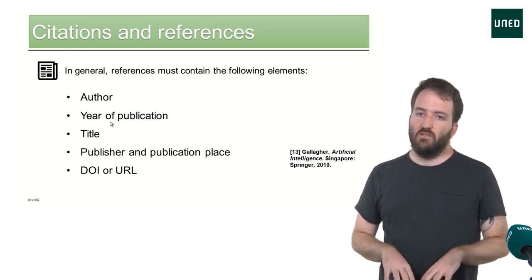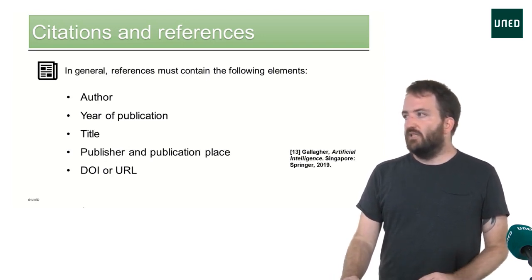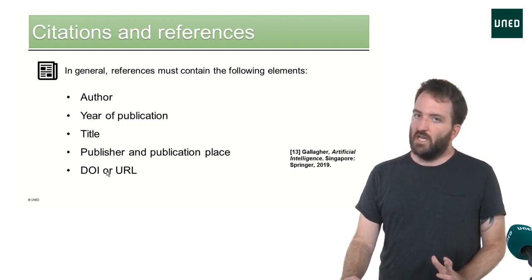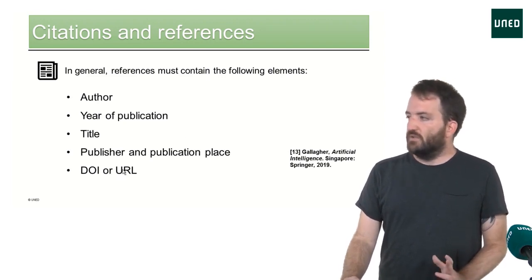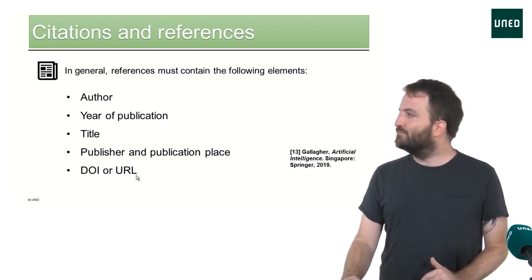And if we're speaking of electronic resources, what is the DOI or digital object identifier, or in case we don't have a DOI, what is the URL. Again, we have here an example of a reference in IEEE standards. We have the name of the author, the title of the book, and the publication details and year.